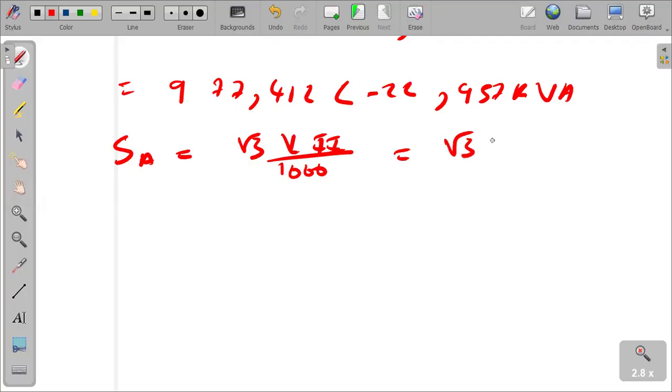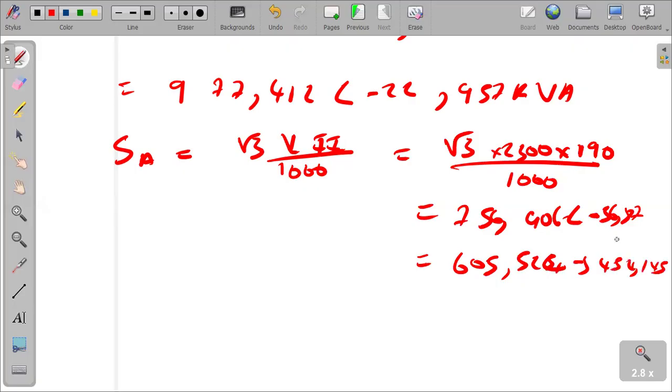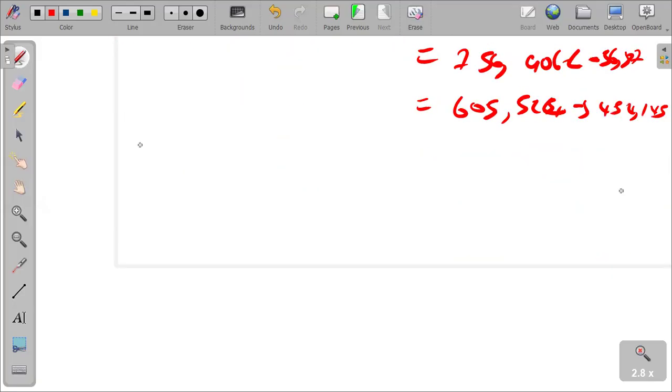SA is root 3 multiplied by 2,300 multiplied by 190 that we've been given as our IL, divided by 1,000, and that will be 756.906 angle of negative 36.87, which in rectangular is 605.524 minus j454.145.